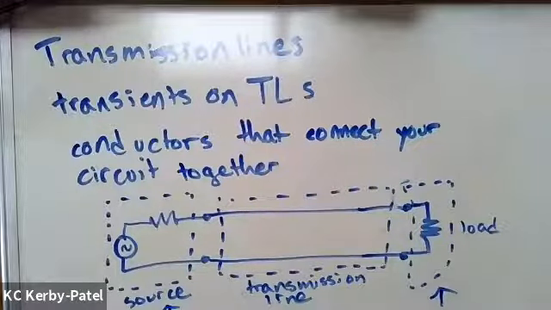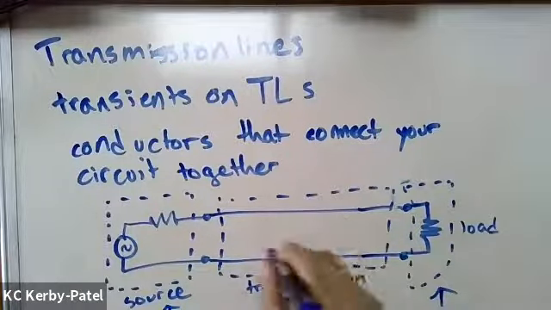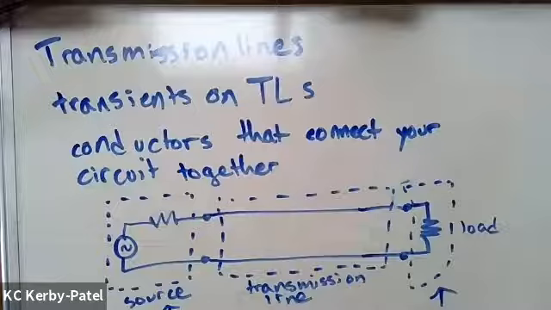But as we learned last time, electromagnetic waves move at a speed that is not instantaneous. It's really fast, but it's not instant. And that has side effects. That means that the length of these wires right here is important, and it can actually matter for your circuit. So we're going to talk about how.